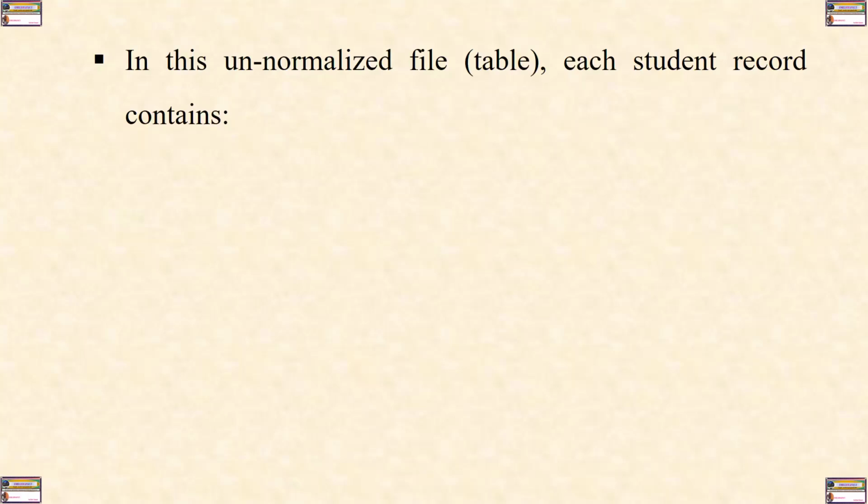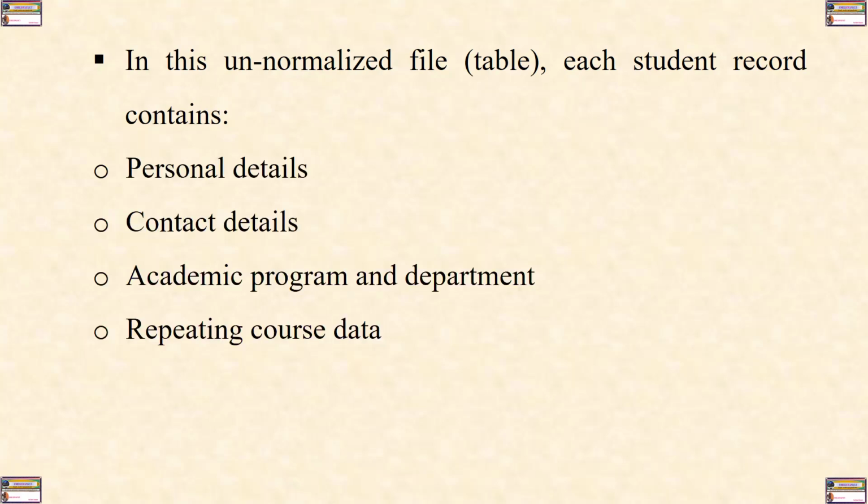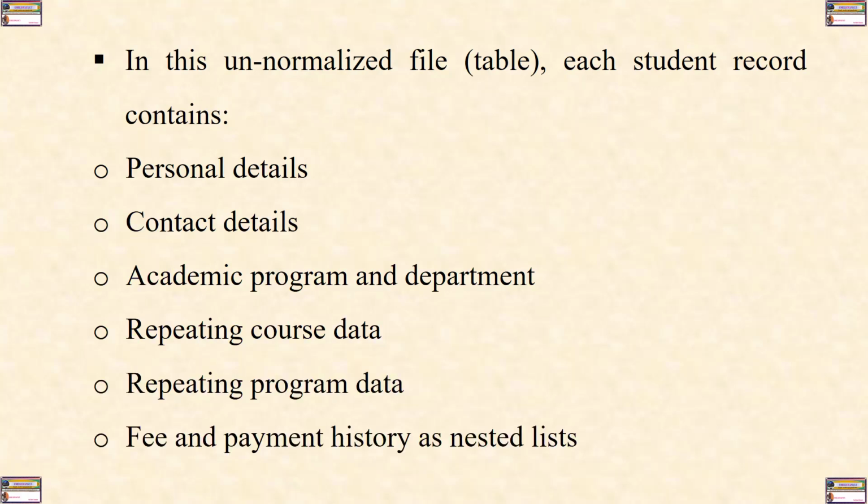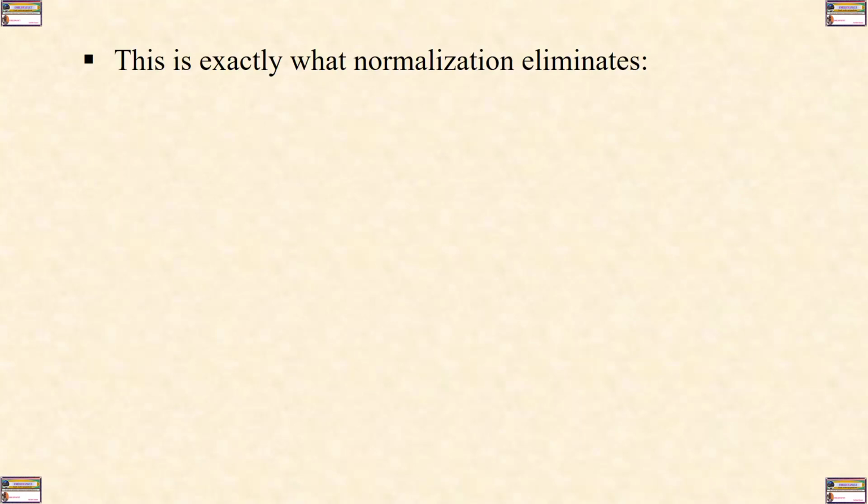So in this unnormalized file, each student record contains personal details, contact details, academic program and department, repeating course data, repeating program data, and fee and payment history as a nested list. All this information has been clustered together, and this is not good. So we now have to take our data through the normalization process.